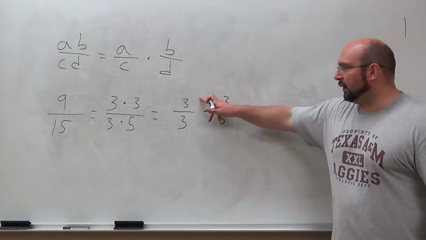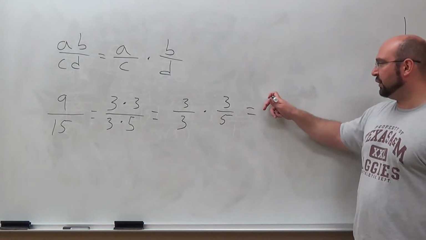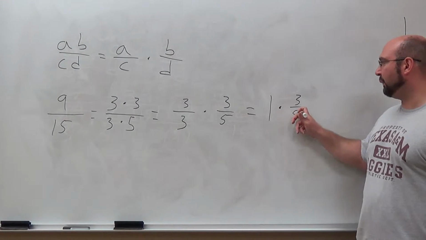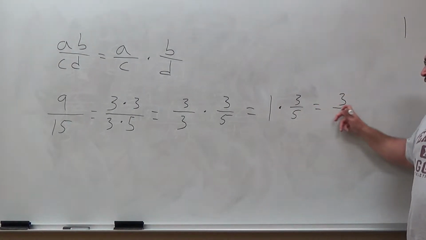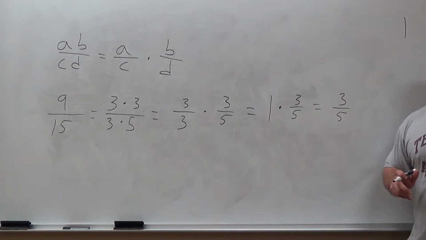Well, anything over itself is what? 1. 1, right? We said that. So this is 1 times 3 over 5. 1 times anything is itself, so we're left with 3 over 5, right?